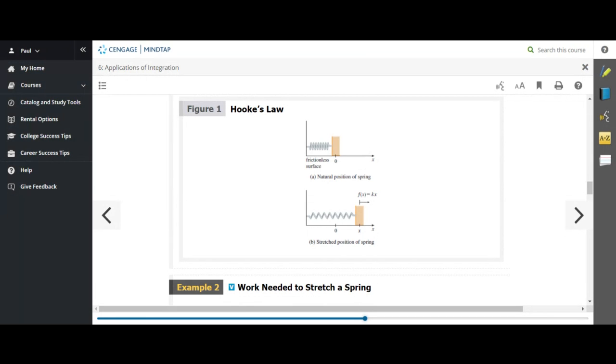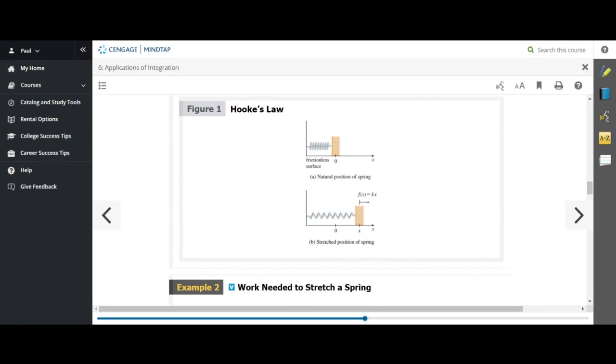So Hooke's law states that the force required to maintain a spring stretched x units beyond its natural length is equal to k times x.